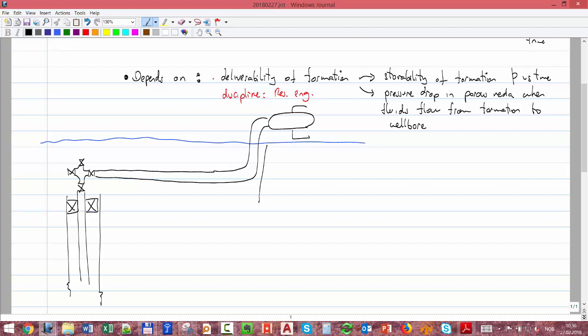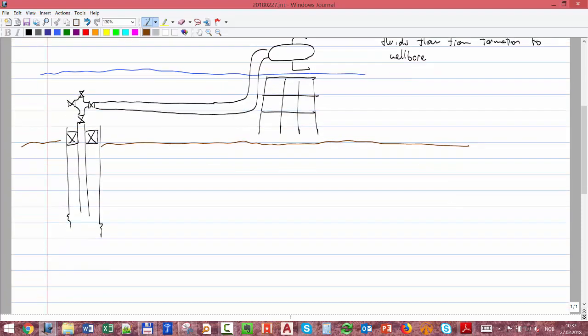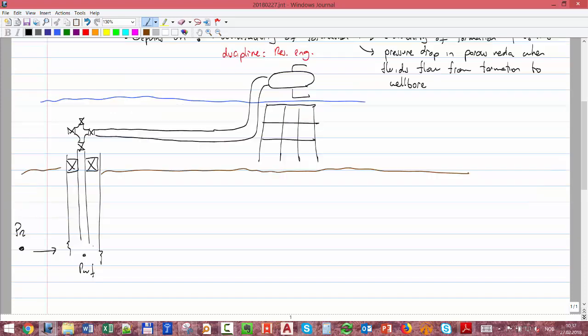We cannot keep it floating in the air, so we have to put a small platform. So we are saying from here, from some place where you have PR, all the way to here, where we have PWF, flowing bottom hole pressure. Okay, and that's one part.